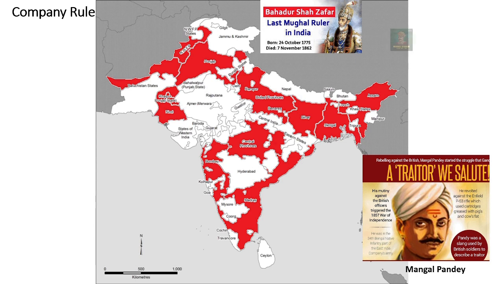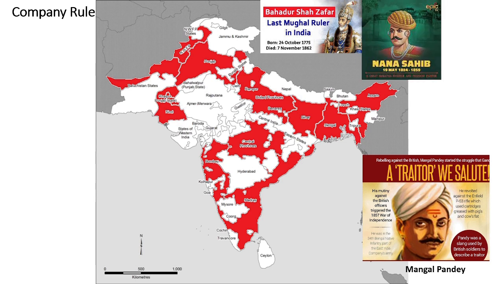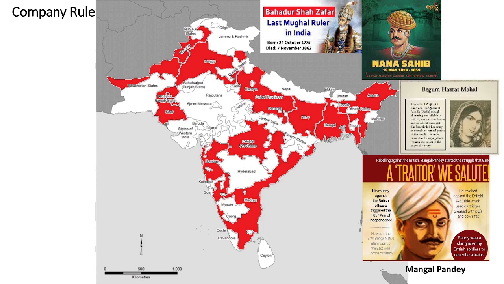Revolt center Kanpur was led by Nana Sahib for losing his empire due to the doctrine of lapse. Revolt center Lucknow was led by Begum Hazrat Mahal as she found that the British destroyed temples and masjids for infrastructure.